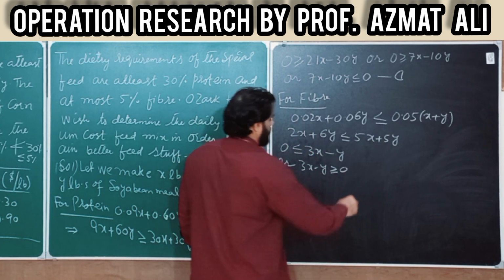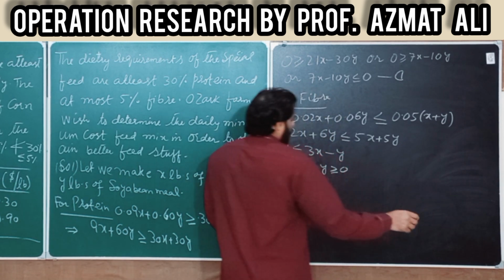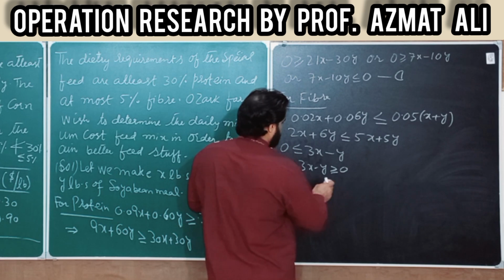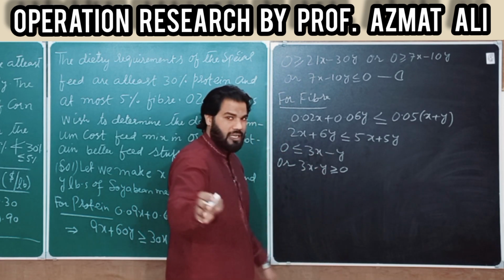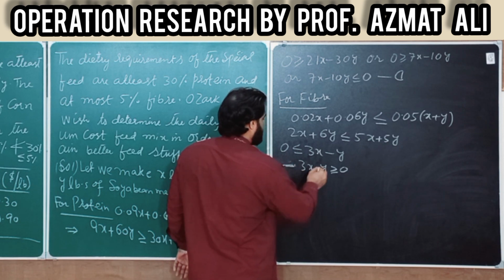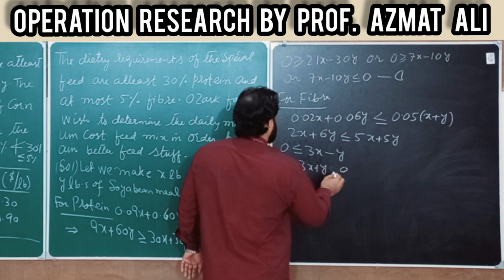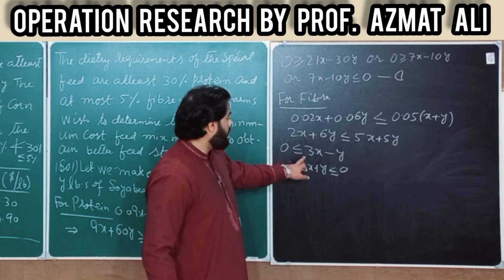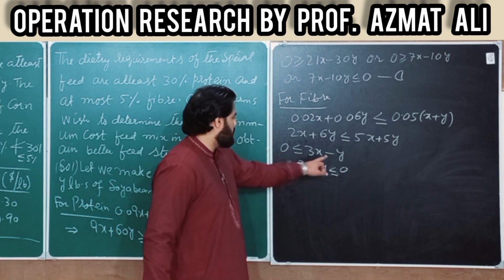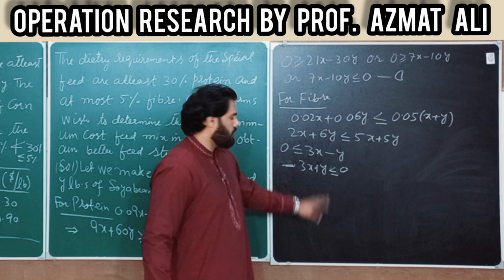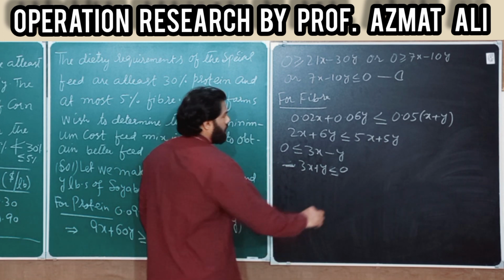This is our inequality number 2. Or this inequality can also be written by multiplying both sides with minus sign. This will become minus 3x plus y less than equal to 0. The sign of inequality will be changed. This is inequality number 2.